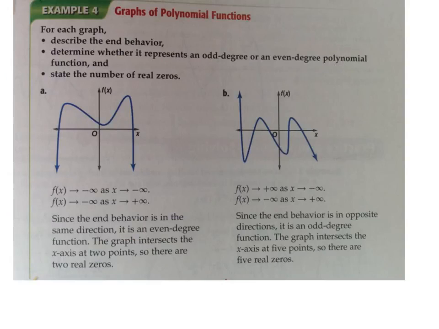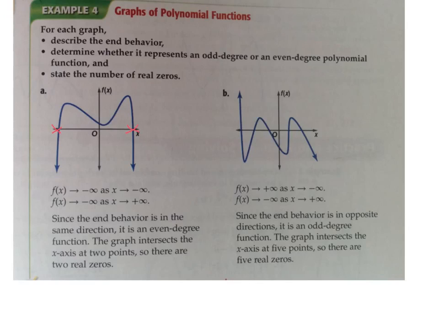Example 4. Describe the end behavior of each of these functions. Determine whether it represents an odd or an even degreed polynomial function, and state the number of real zeros. I think the last two are the easiest. For A, you have two real zeros.